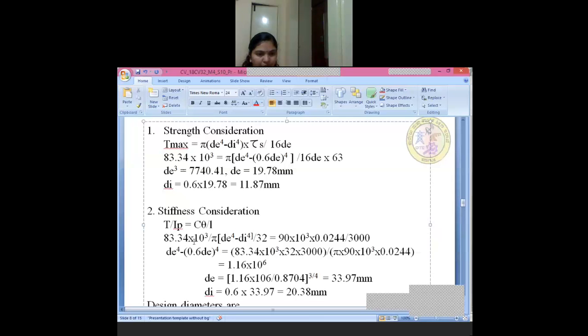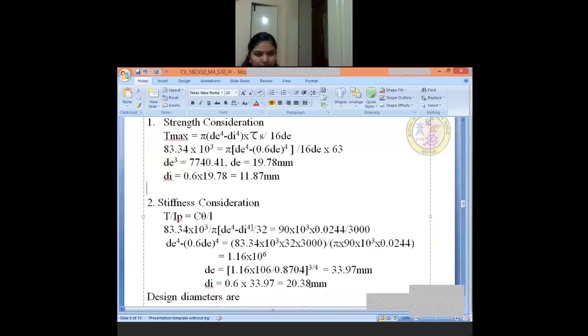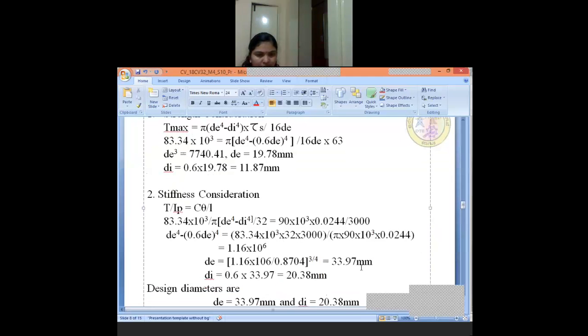Next, from the stiffness criteria, we will use the formula T by J is equal to C theta by L. So T is 3.34 into 10 cube, divided by J, which is pi by 32 into de to the power 4 minus di to the power 4, equal to C, which is now 90 into 10 cube, into theta 0.0244, divided by 3000.